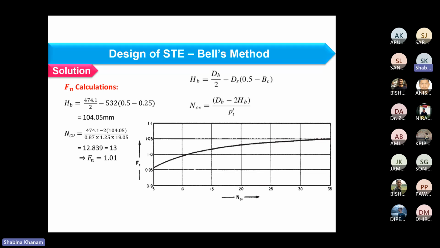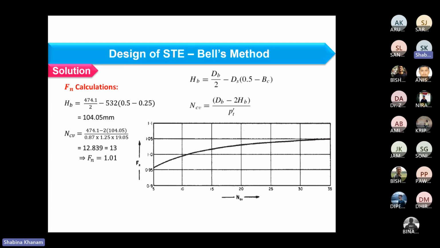What you need to do further, we will discuss, but NCV should be rounded up. Please make a note somewhere. Okay, and once you have this NCV 13, you can find Fn from this graph, which is coming as 1.01. So it is not very complicated, only NCV you need to round up. Okay, so Fn you have calculated.